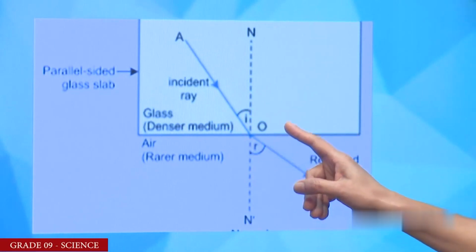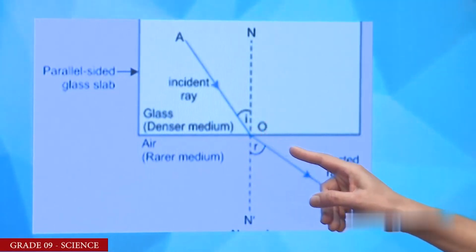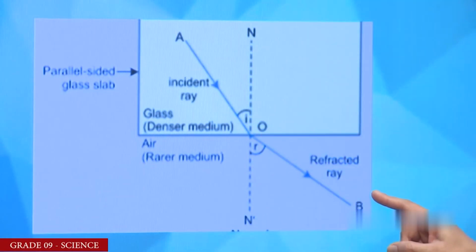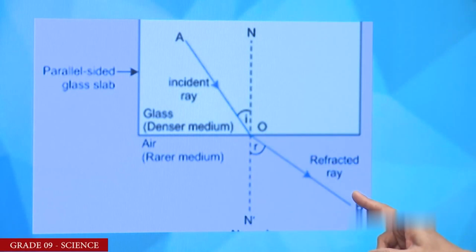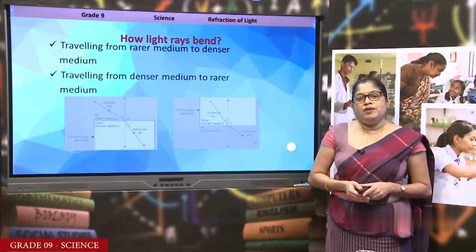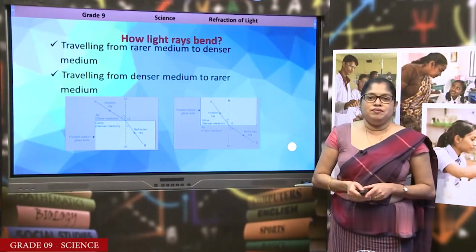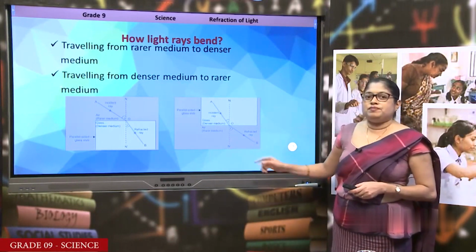At this point, we call it the point of incidence. The light ray gets refracted. You can see the refracted ray is travelling away from the normal. So, remember that when light rays are travelling from a denser medium to a rarer medium, they are refracted away from the normal.